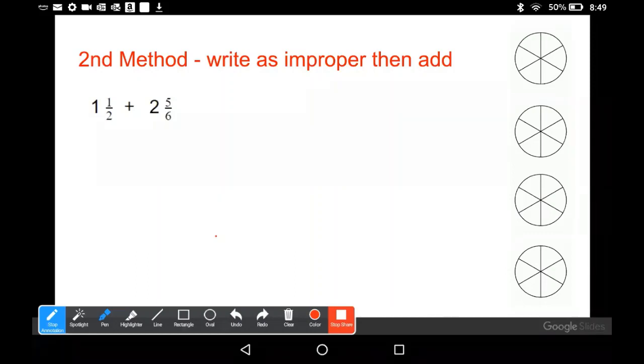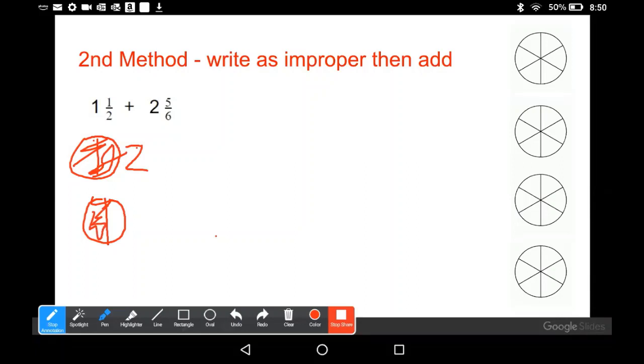And if you wanted to visualize that, it's divided into 2 pieces, because it's a half. And you have a whole one, so that means you have 2 pieces. And then you have 1 more piece. So you have a whole one and then a half of a piece. That's 1 1/2. So you actually have 3 halves.